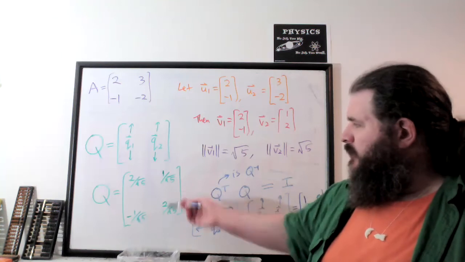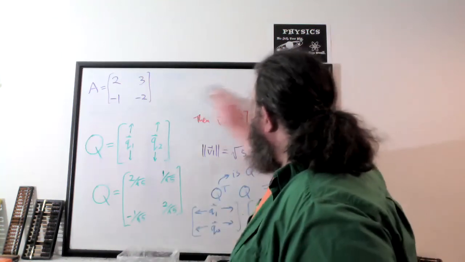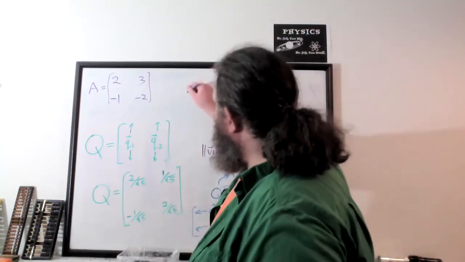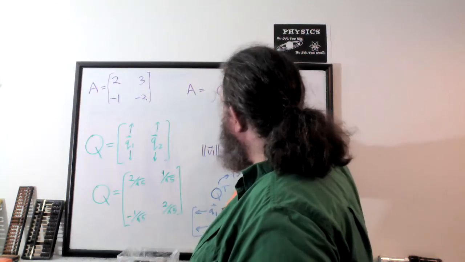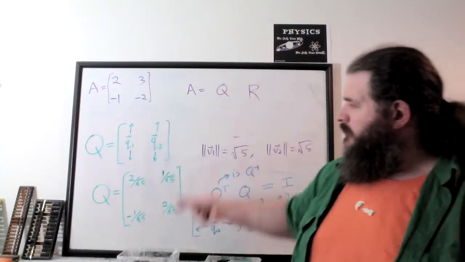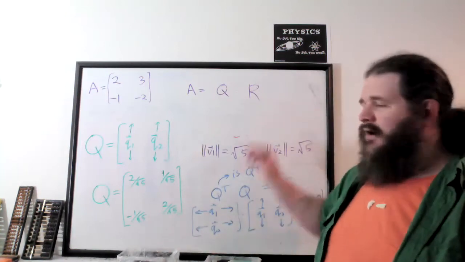But once you've got Q, for QR decomposition, the idea is to rewrite A as Q times R. We want A equals Q times R. So we've got Q from using the Gram-Schmidt process and normalizing. How could we find R?